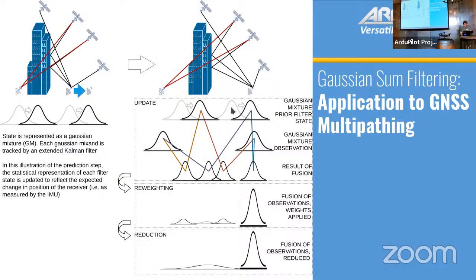So it's basically fusing a Gaussian mixture observation each time it gets a GNSS signal, and that lets it figure out which group of satellites gives it the optimal solution at any given time.